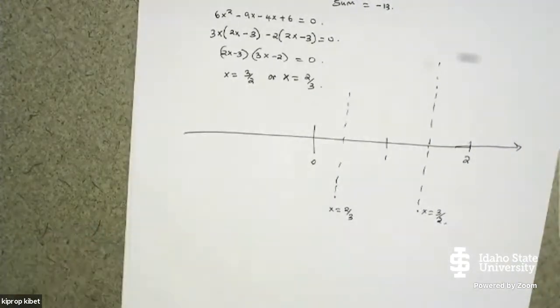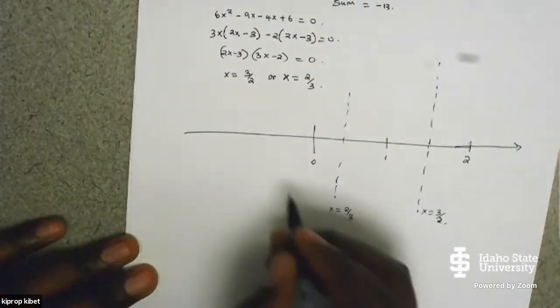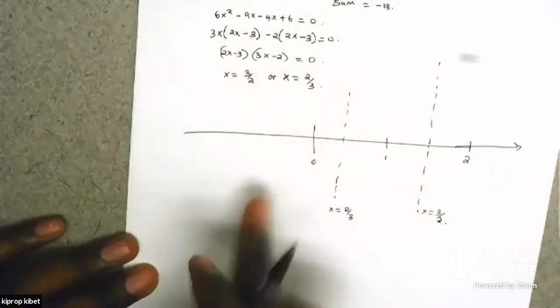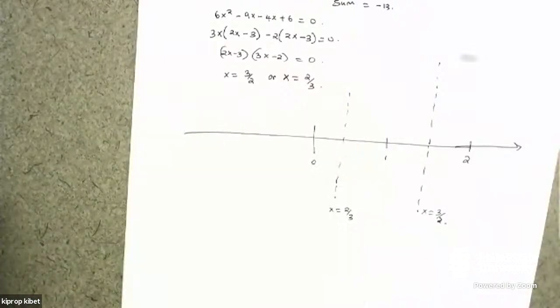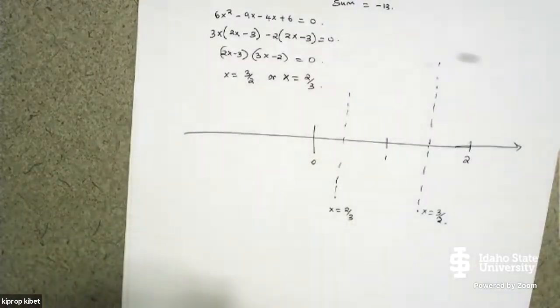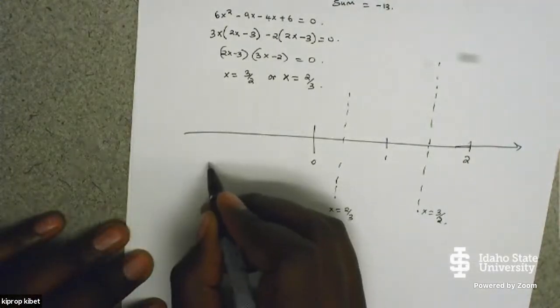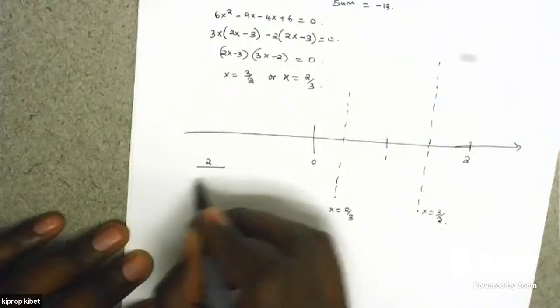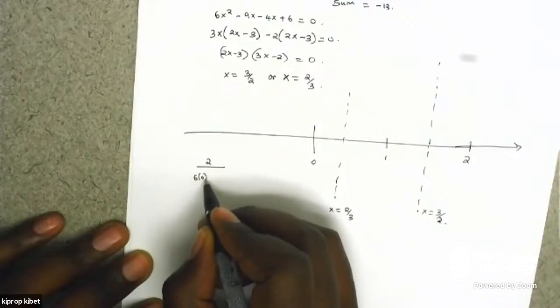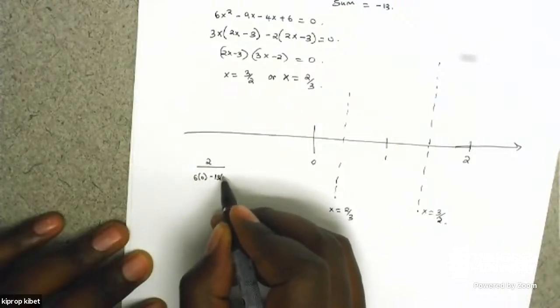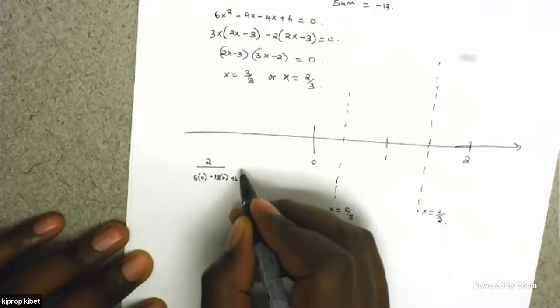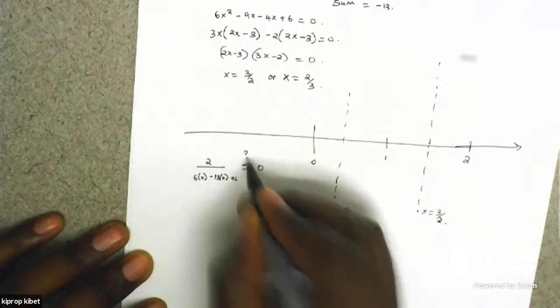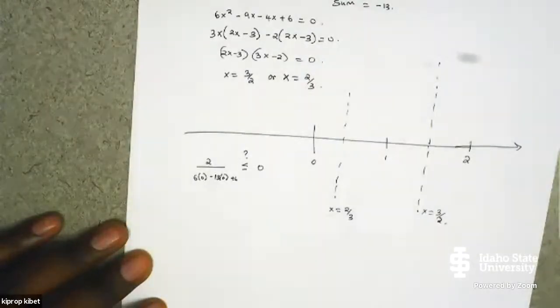Now, we need to test this one. So in this region, we can put x to be what? 0. So we can say x is equal to 0. So 2 all over 6 multiplied by 0 minus 13 multiplied by 0 plus 6. Is this less or equals to 0? We need to look at that.